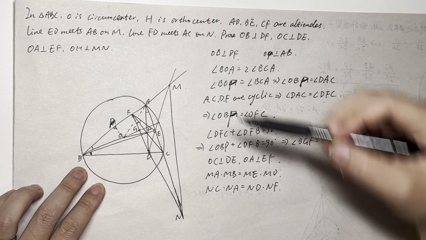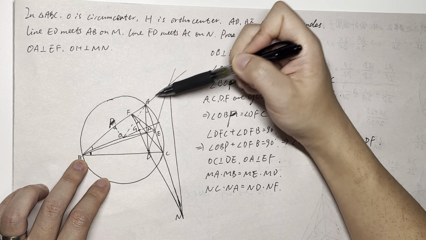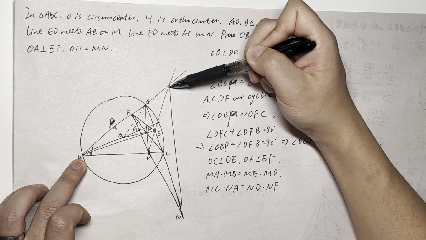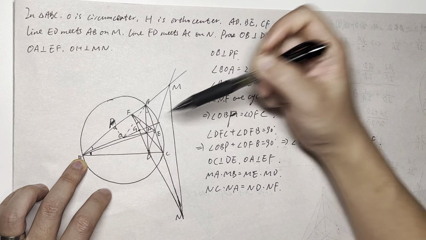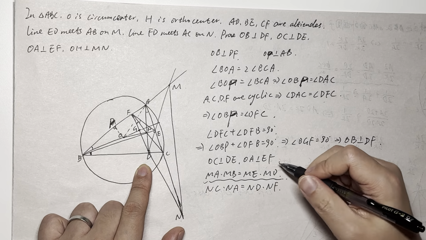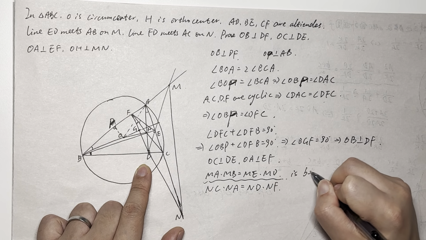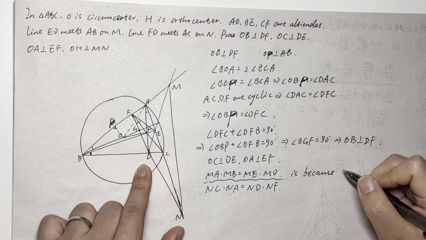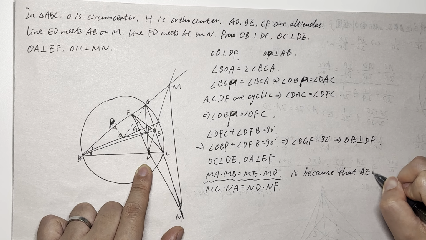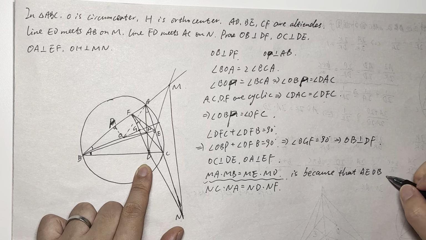So MA times MB equals ME times MD. This equation holds because AEDB are cyclic.